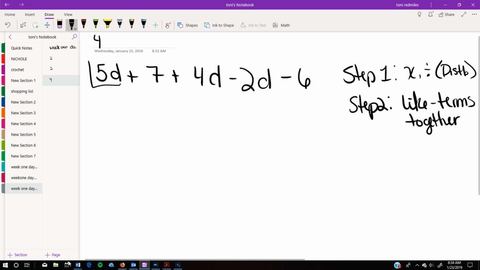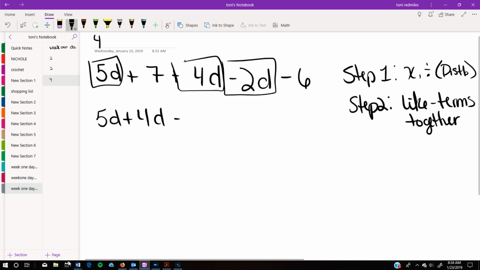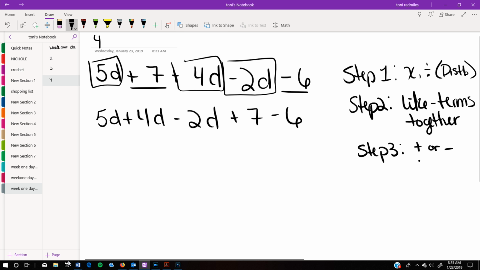Alright, so I have this, this, and this. So 5D plus 4D minus 2D, and then this and this are like. Alright, so 5. Okay, so now I'm on to step 3, which is add or subtract coefficients.